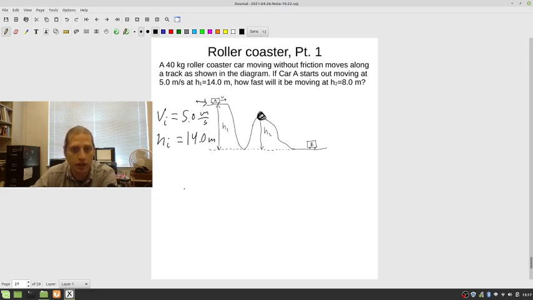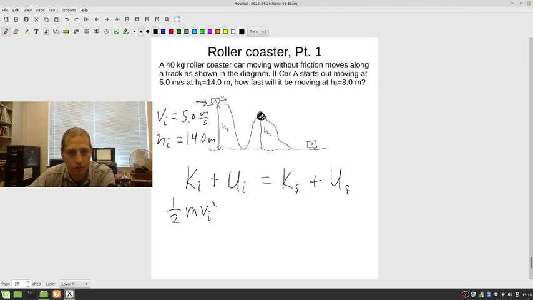So how would I do this? I would have kinetic energy at the beginning plus gravitational energy at the beginning equals kinetic energy at this midpoint, or the final for this part of the problem, plus gravitational at this part of the problem. So I'd have 1/2 m v initial squared plus m g h initial equals 1/2 m v final squared plus m g h final.